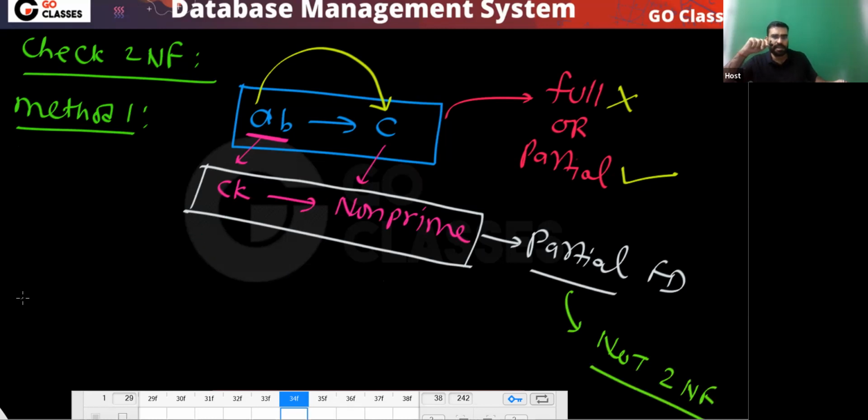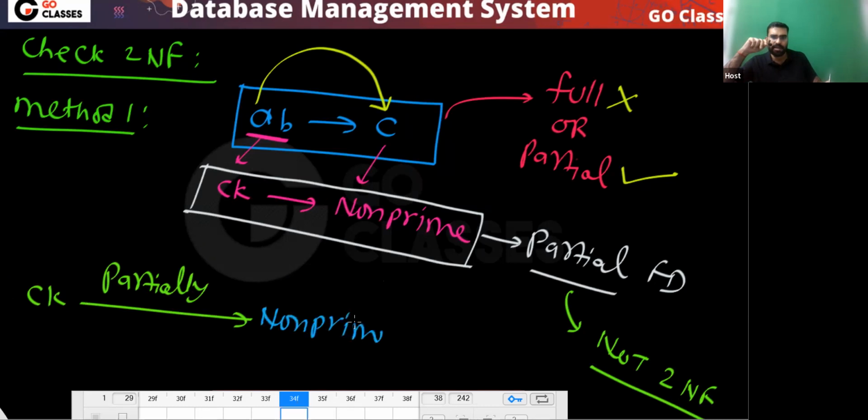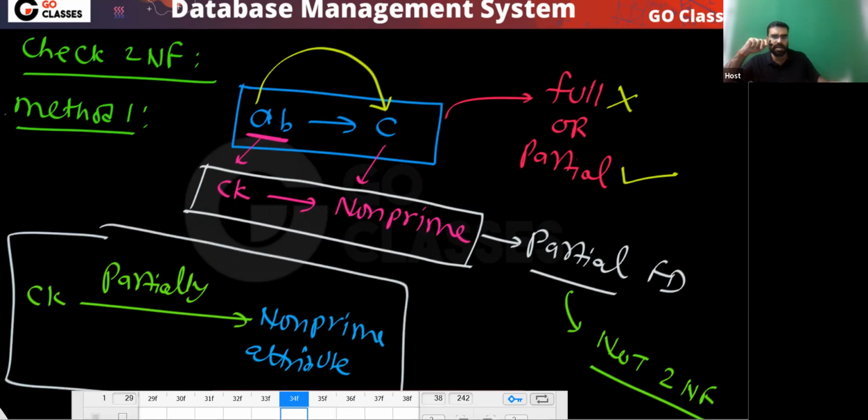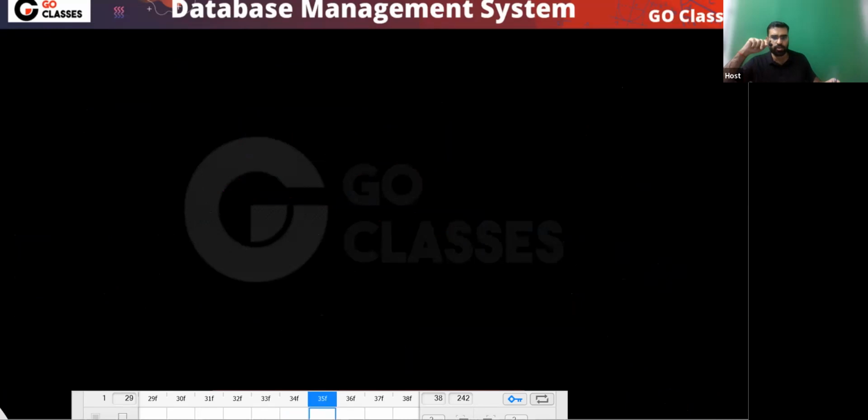The candidate key is partially determining a non-prime attribute. So this is not in 2NF. This is your method one. Of course, you can apply method two also.